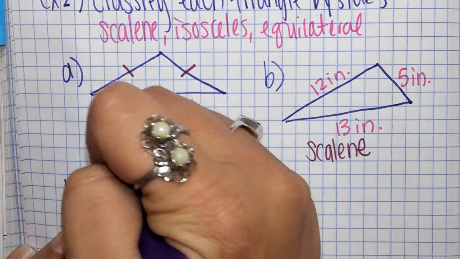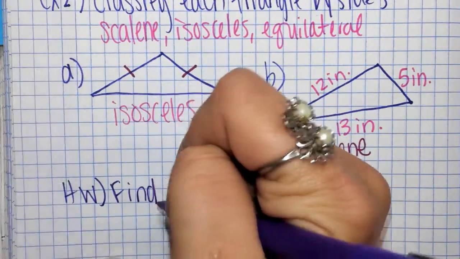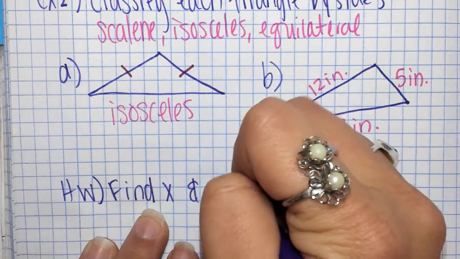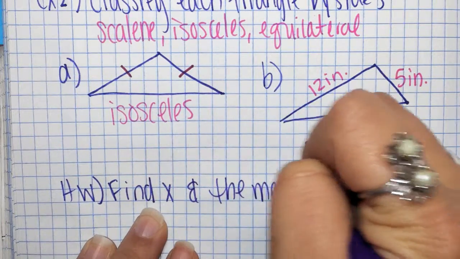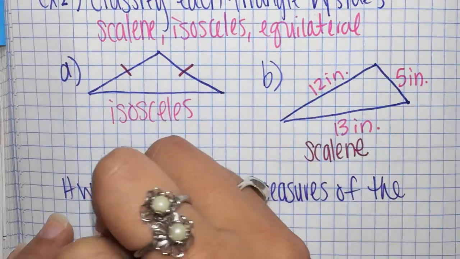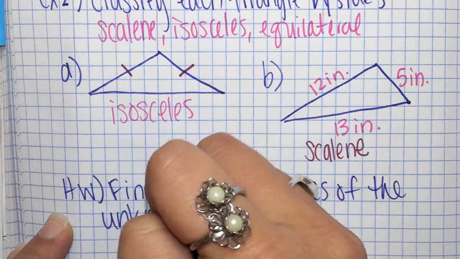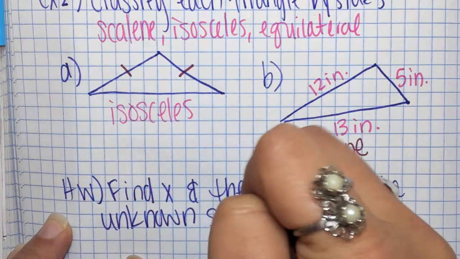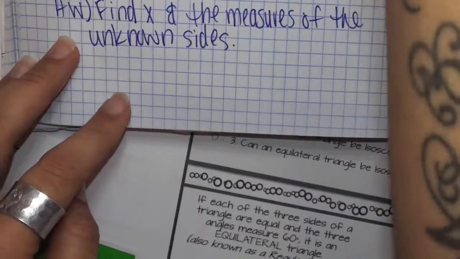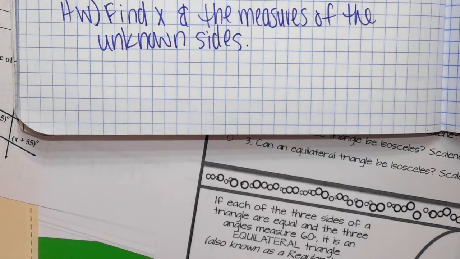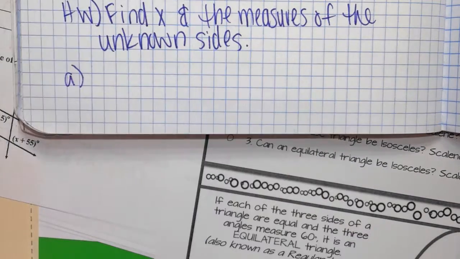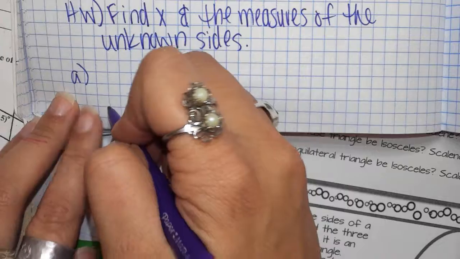Find x and the measures of the unknown sides. This is going to be super easy. Alright, problem number 1, or A, looks like this.